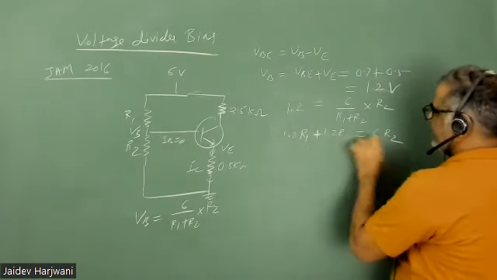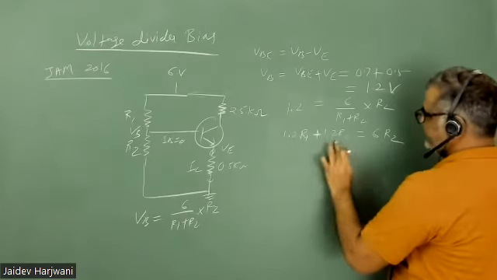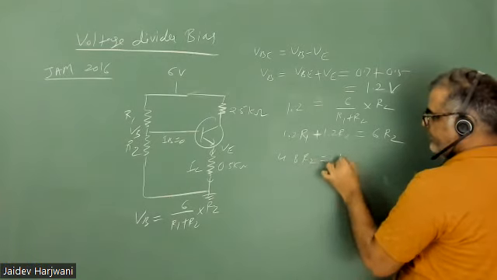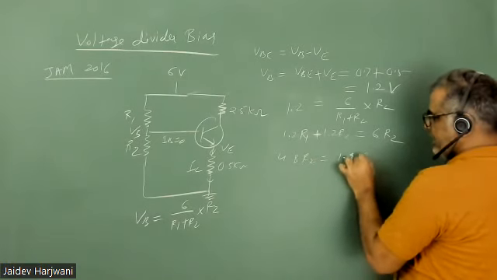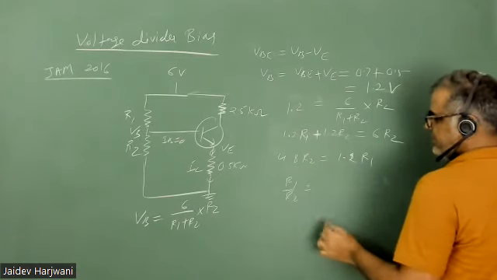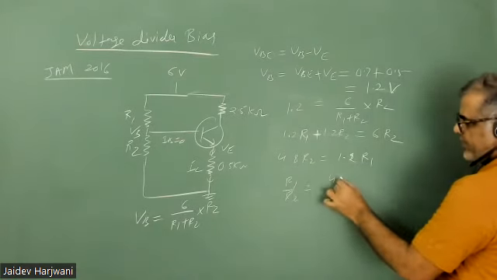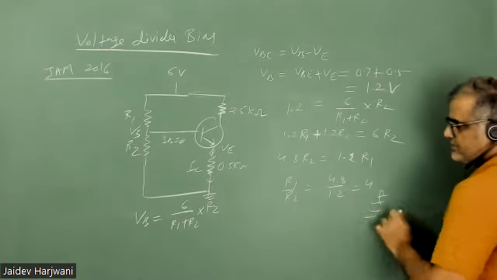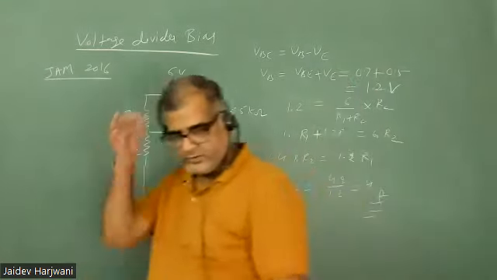So how much will this come, tell me. 1.2 goes on this side, so 4.8 R2 upon 1.2 R1. And R1 upon R2 will come to how much? 4.8 by 1.2, that is 4. And that is your answer.